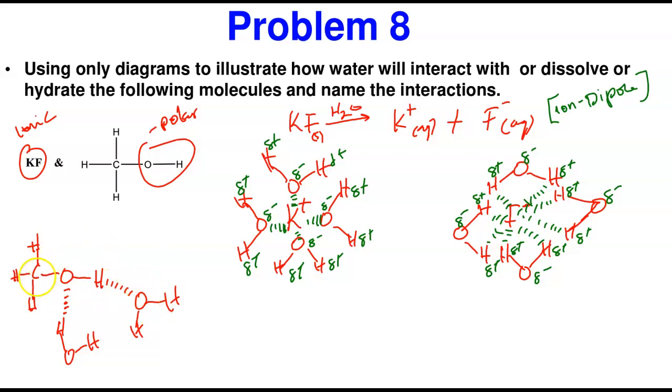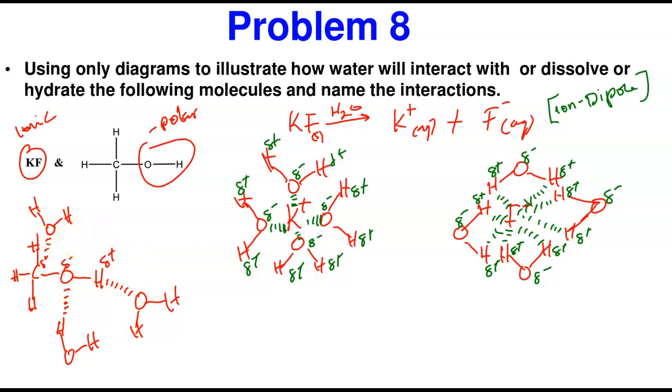And remember, these two are polar bonds too: this is partial positive, this is partial negative, this is partial positive. This one can also interact with another molecule of water from the oxygen side. So what I can form is hydrogen bonds from this side, this is a hydrogen bond, this is a hydrogen bond, but from here it is a dipole-dipole interaction.